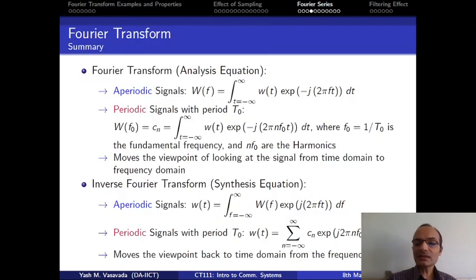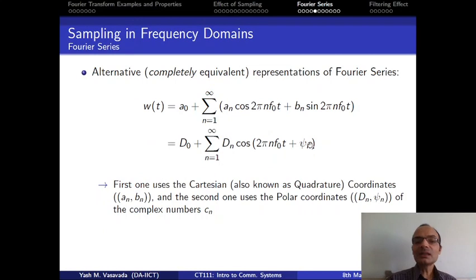In one case, we have used the notation C of n. In the other case, we have used the notation A of n and B of n. And in the third case, we have used the notation capital D of n and phi of n. This symbol represents the phase phi, you can pronounce it either way.